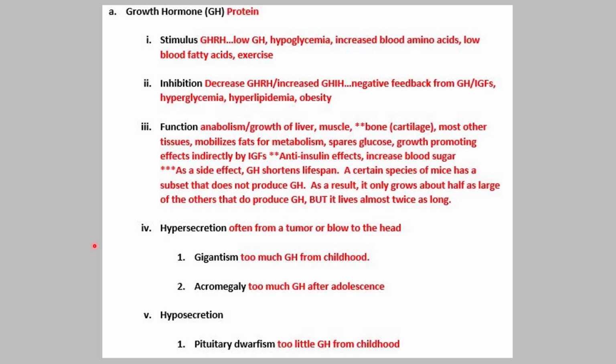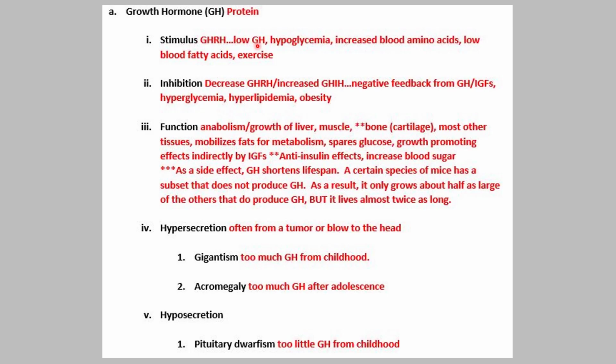Its stimulus is GHRH, growth hormone releasing hormone, from the hypothalamus. But if GHRH stimulates growth hormone, what is it that stimulates GHRH? So, backing up a little bit, the stimulus for GHRH is low levels of growth hormone.